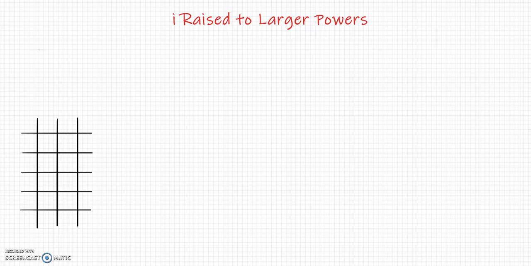Okay, in this video lesson, we're going to further our exploration with i. So we'll look at i raised to larger powers. In a previous lesson, we saw that i to the 0 was equal to 1 because any number other than 0 raised to the 0 is 1.